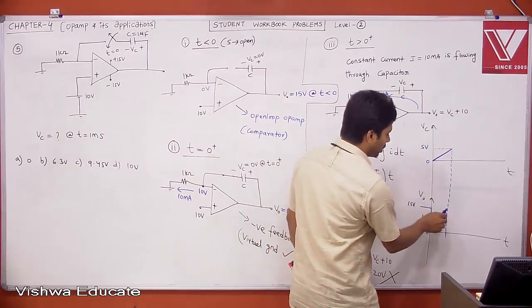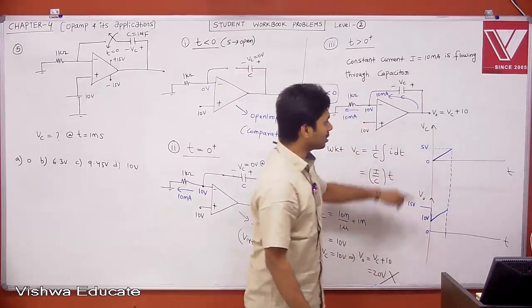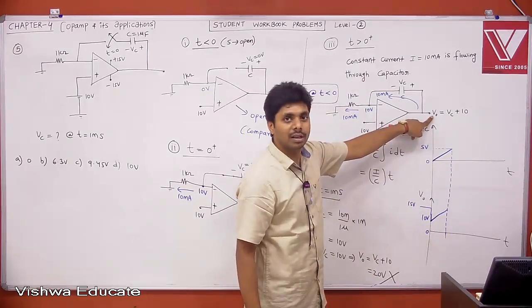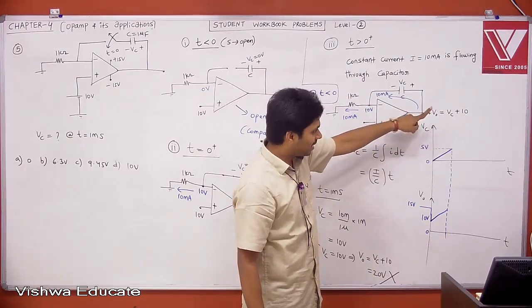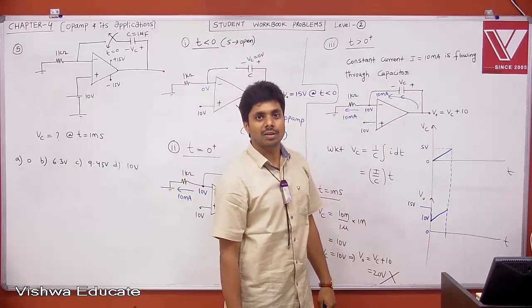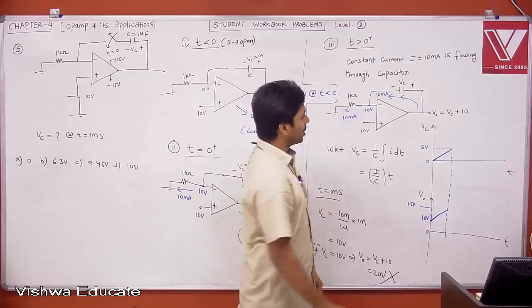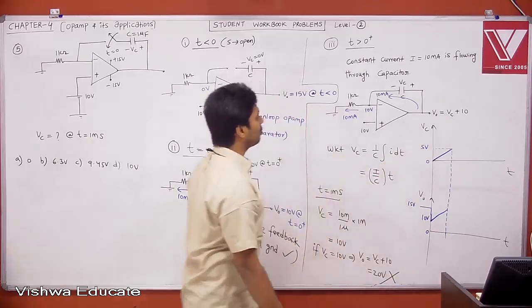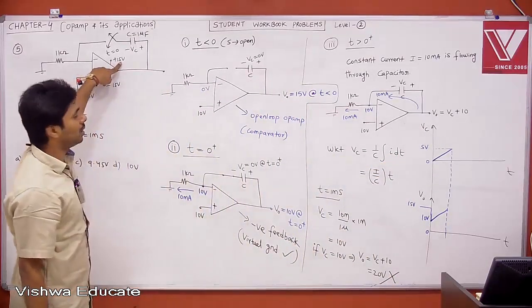Once V0 reaches 15, it cannot cross more than that, because the maximum voltage you can get at the output is 15 only.